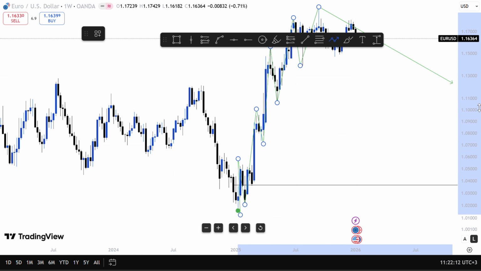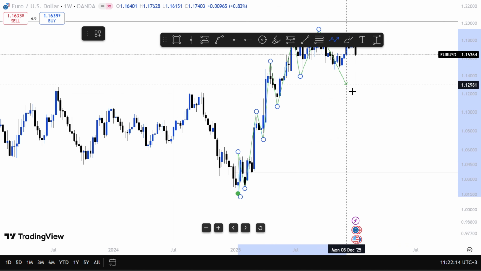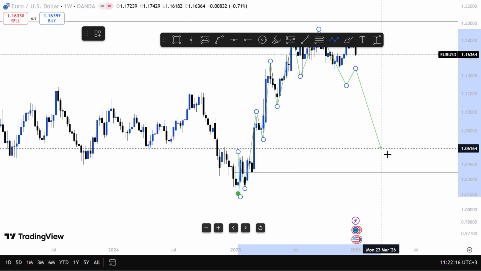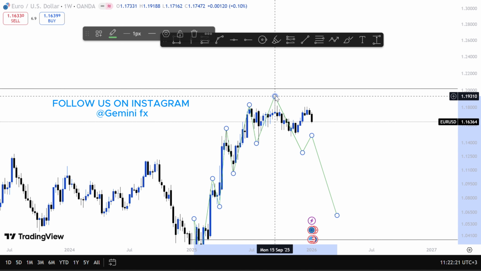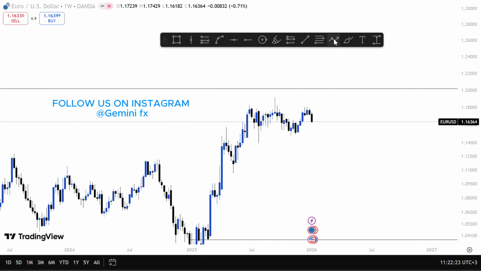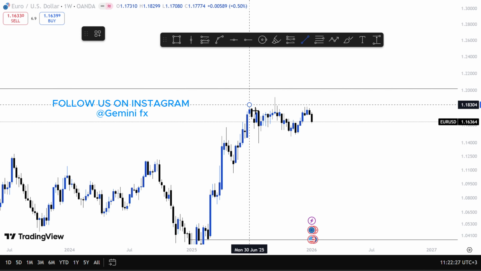On my side I was thinking maybe it wants to break, and maybe it could have been on the correction inside to this. But what happened is because we failed to break this one, this is actually a liquidity sweep.